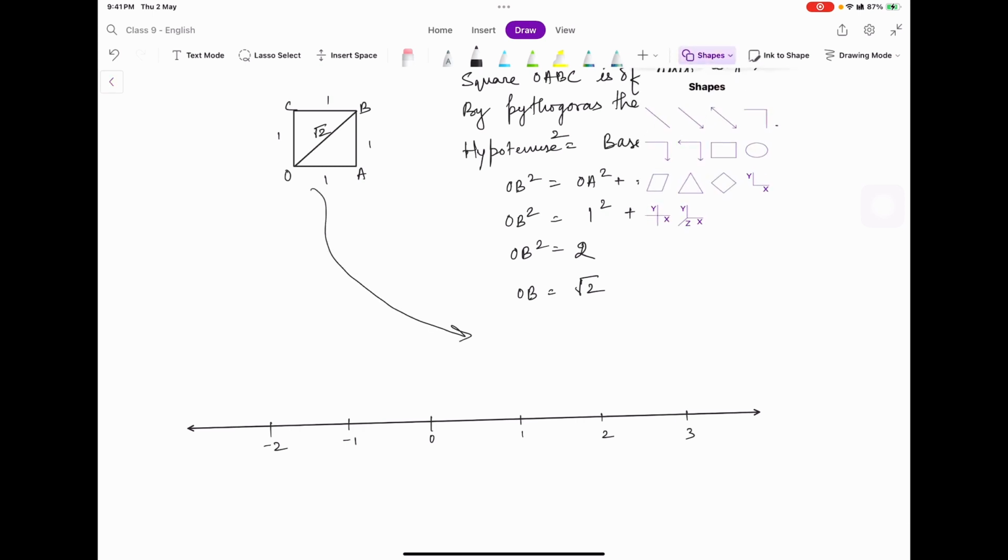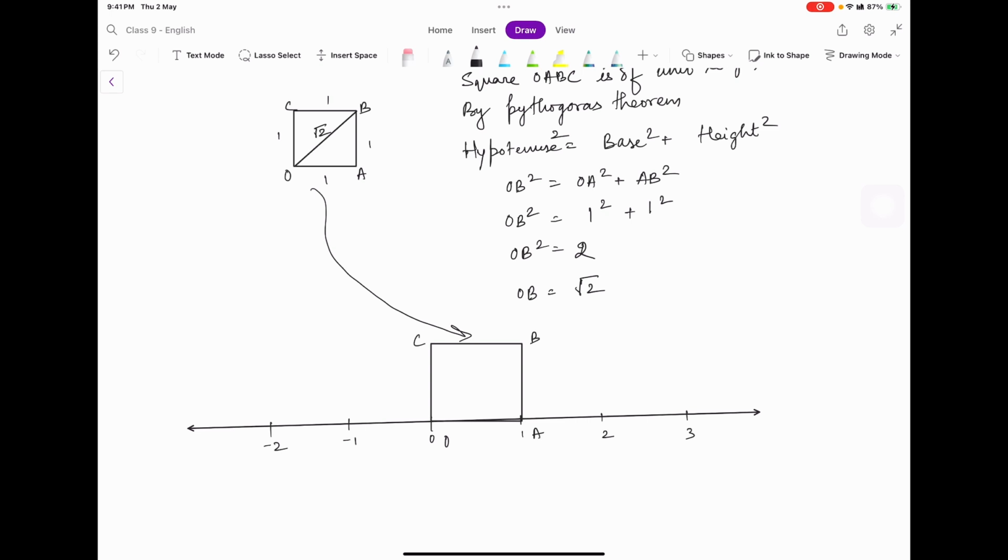You place this square here, OABC, the same square. This is of unit length. If this is 1, this is root 2. This same square that we have calculated, I am placing here. You see on the number line, this is 0, this is 1. So in this square, this root 2 is there.